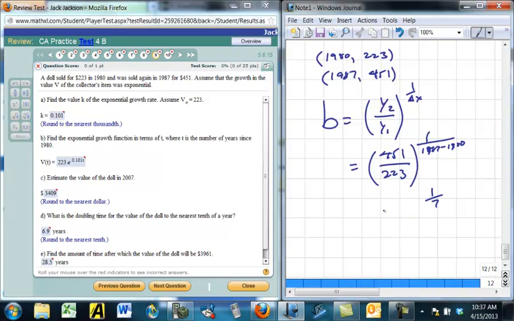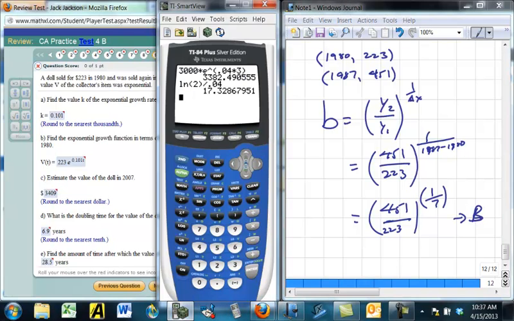I just do that part in my head. So I'm going to do this on the calculator, and I'm going to store it as b in my calculator so I can refer back to it. So 451 divided by 223 to the power 1/7, and let's store it as alpha b.